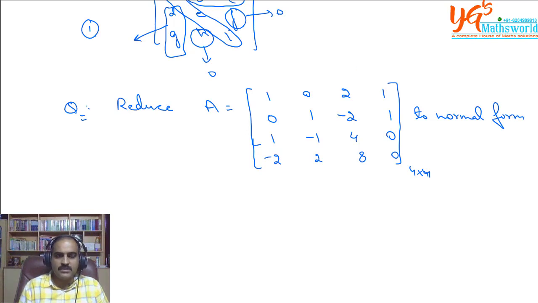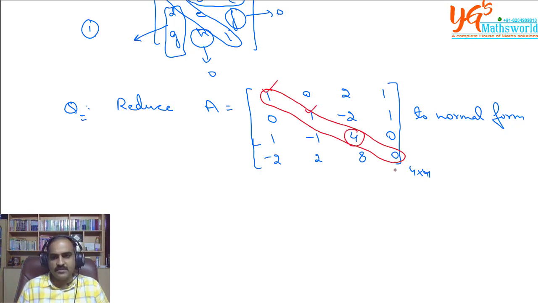So basically what we have to do in this one is make these elements 1. Now this is 1, this is 1. Now we need to make this as 1. This is 0. That means we have to make this whole column and row 0. This will be the first step. Since we already have 1 at the first position, now we need to make all these elements 0 by using elementary operations.